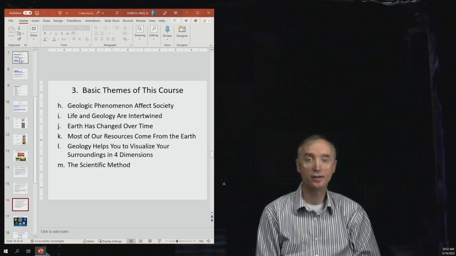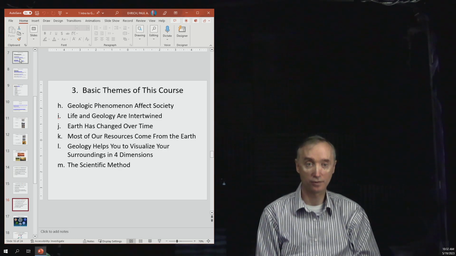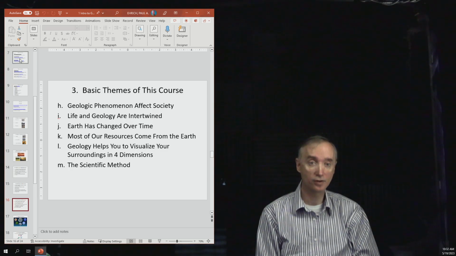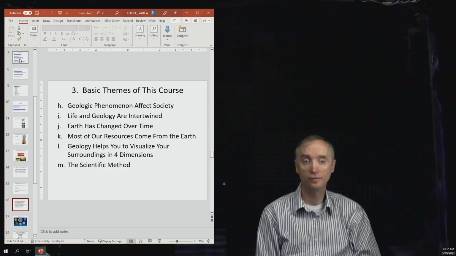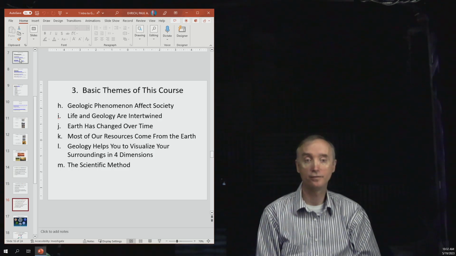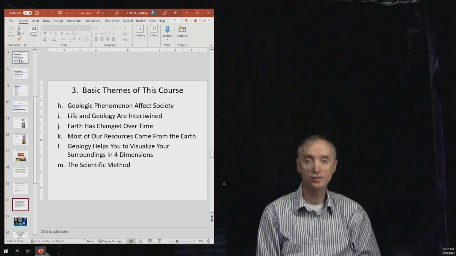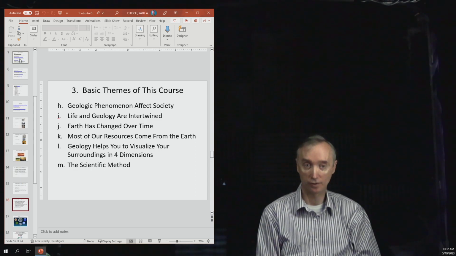Earth has changed over time. So we're going to look at the geological history of the Earth, starting with its formation, and then we will talk about where the Earth's oceans came from, where the Earth's atmosphere came from, how life began, and then how life has developed over time. Most of our resources come from the Earth.